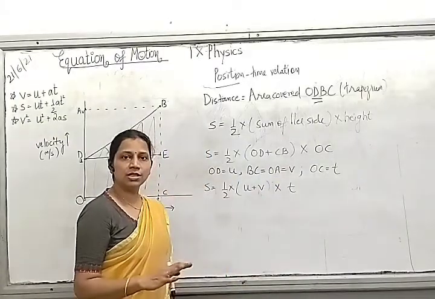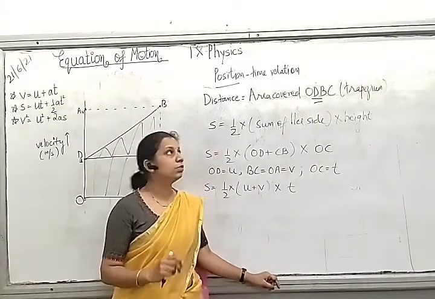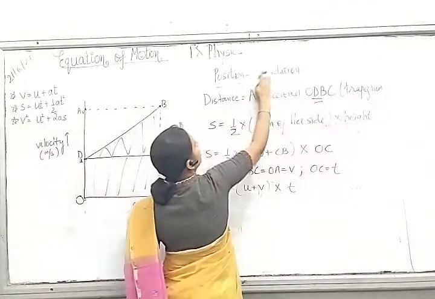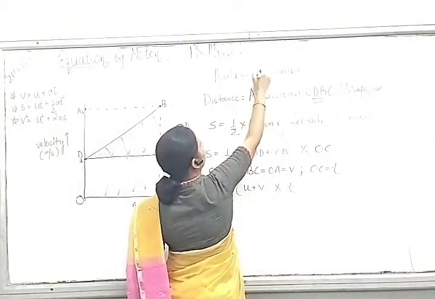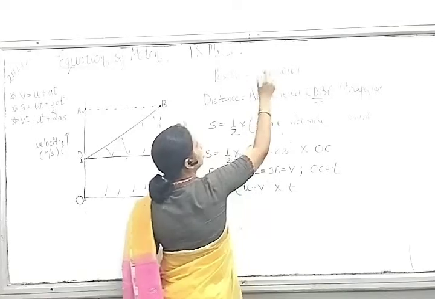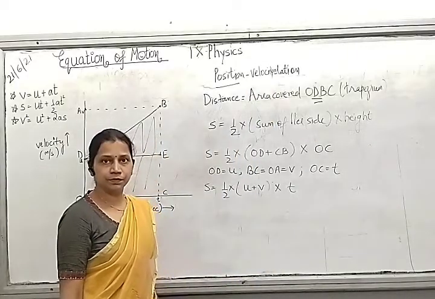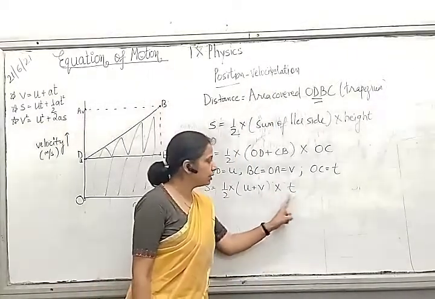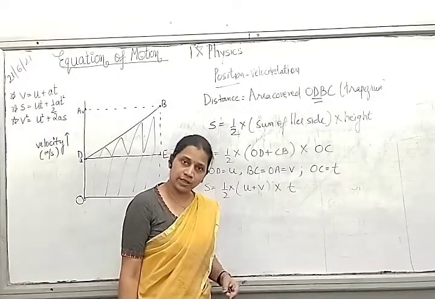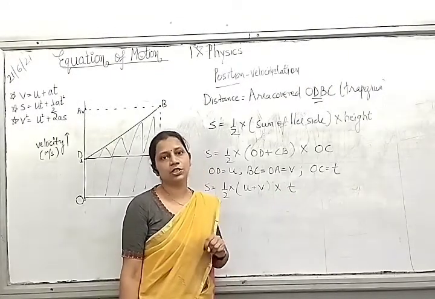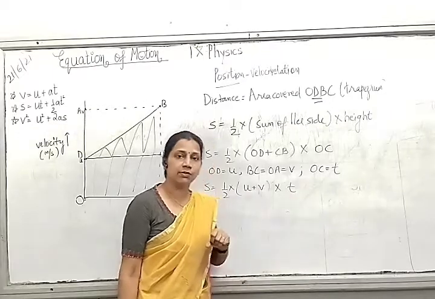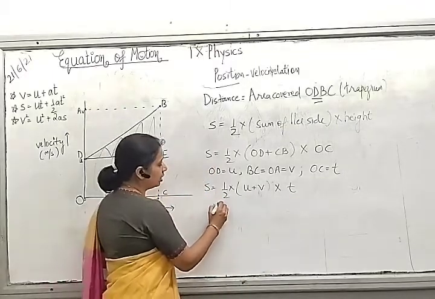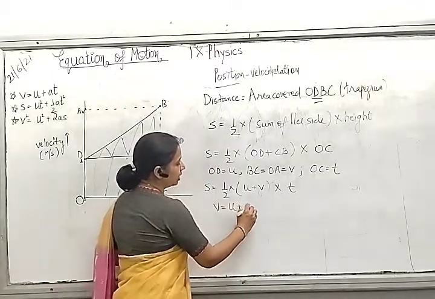What I told you is that you have to find the relation between position and velocity, not position and time. We don't want time here, so I have to remove this time. Again I will use the first equation of motion to remove the time. The first equation of motion is V equal to U plus AT.